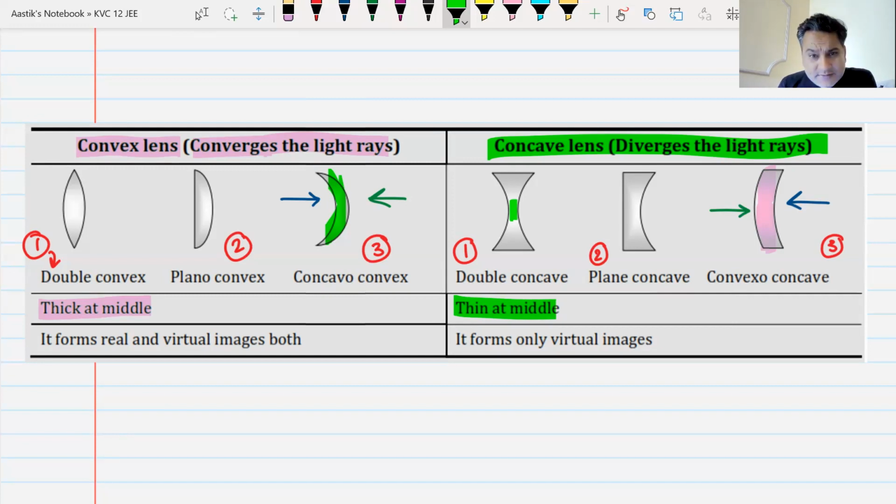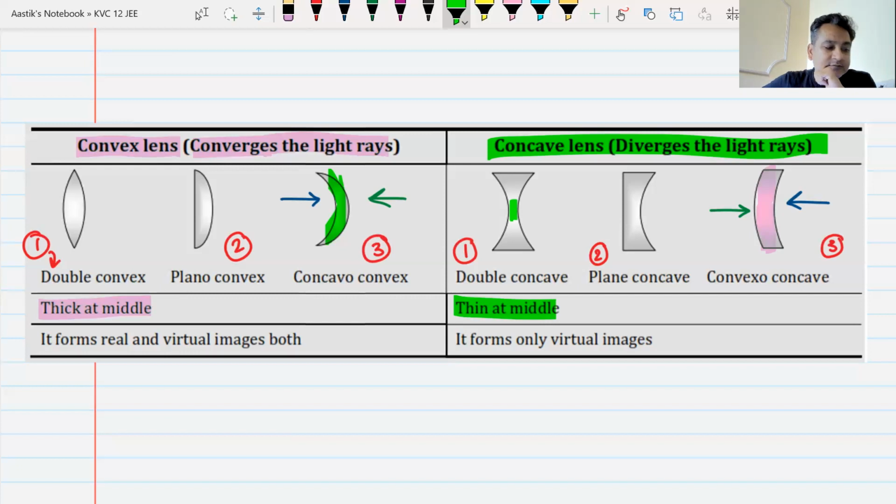Can a concave lens become a convex lens and vice versa? Next question. We are going to get the answer to this question by the end of this class. Can a concave lens become a convex lens? Or can a convex lens become a concave lens?